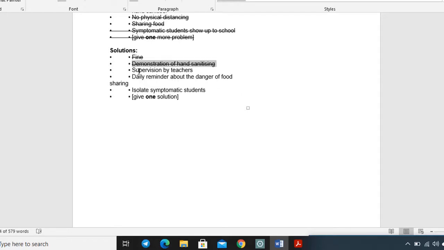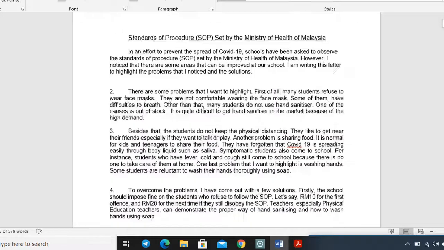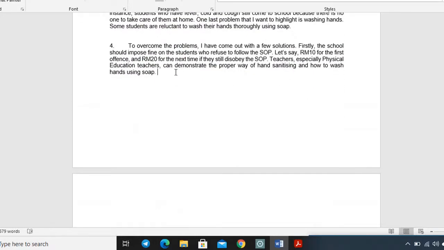Next is supervision by teachers. Okay, how do we write the sentence for that? Students. Physical education teachers, Cikgu PJK, can demonstrate the proper way of hand sanitizing and how to wash hands using soap.